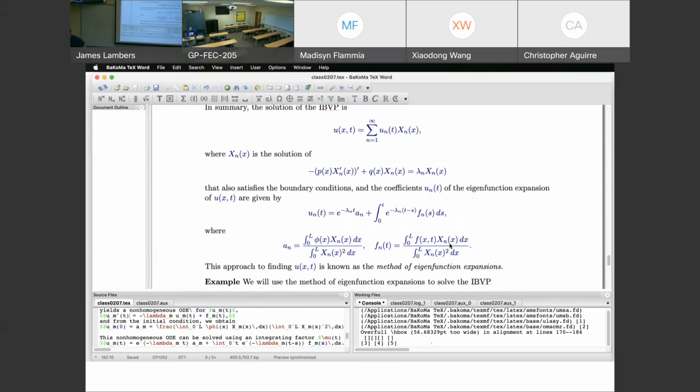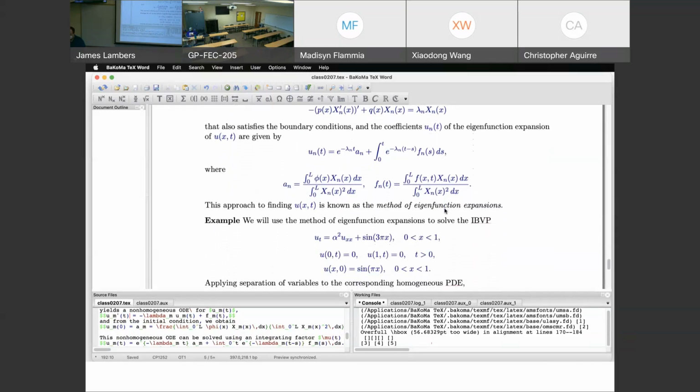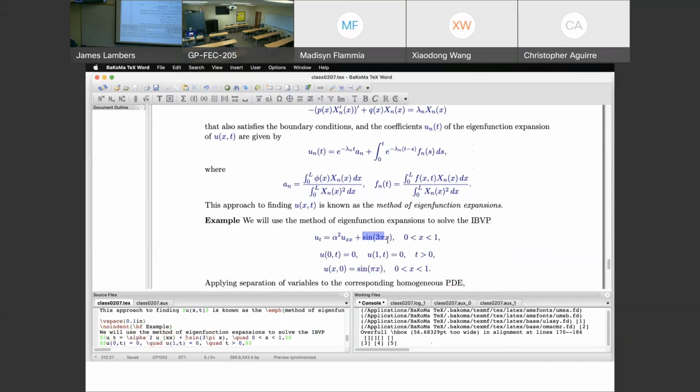Okay. Here's an example. So here's a problem. Heat equation, general coefficient alpha squared. Here's our source term, a little f of x, t, but in this case it just happens to be a function of x.